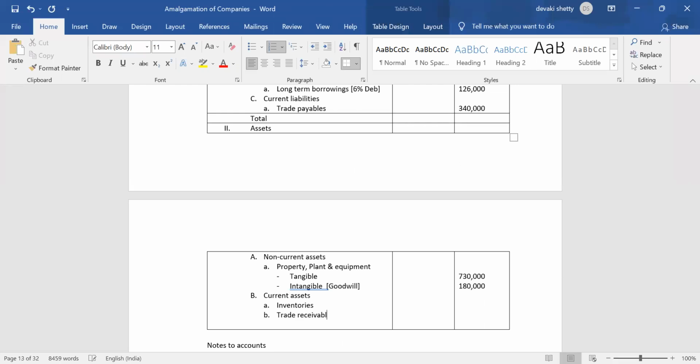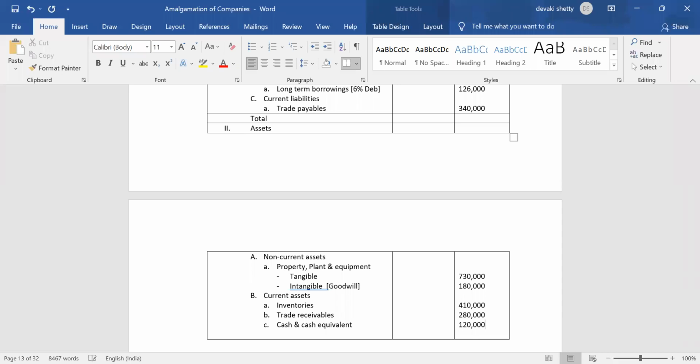Trade receivables, cash at bank को cash and cash equivalent. So let us write how much is stock. 4,10,000. Trade receivable, cash and cash.